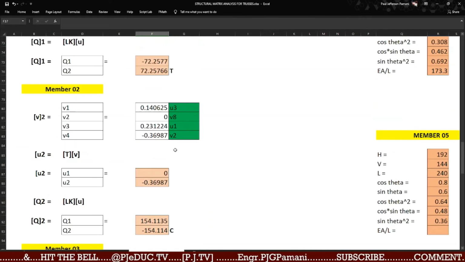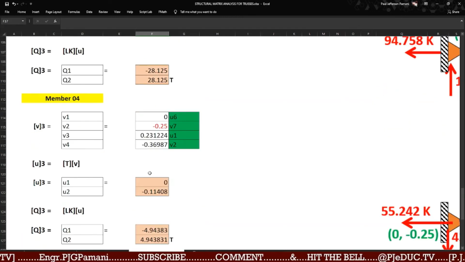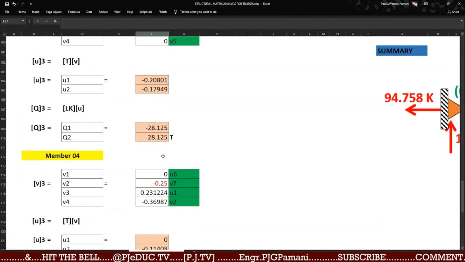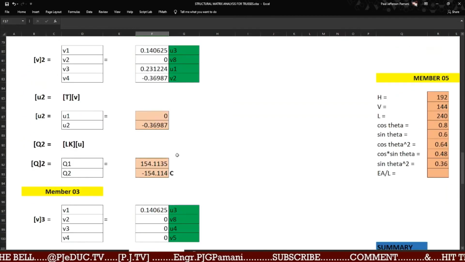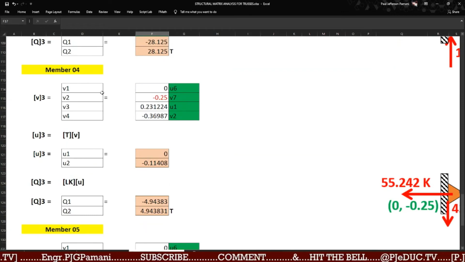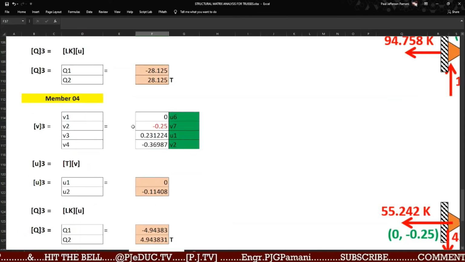So compression for member 1, tension for member 2, and don't forget, baka makalimutan nyo, remember, on node 4, meron tayong V7. May V7 pa ba sa iba? Wala na. Bale, node 4 lang. Member 4 lang yung merong V7, tsaka member 5. Member 4 and member 5.